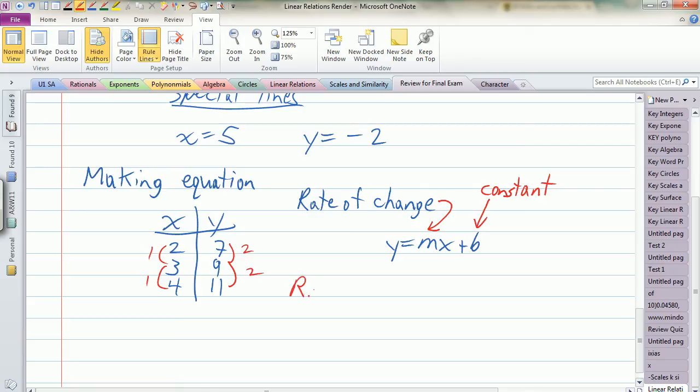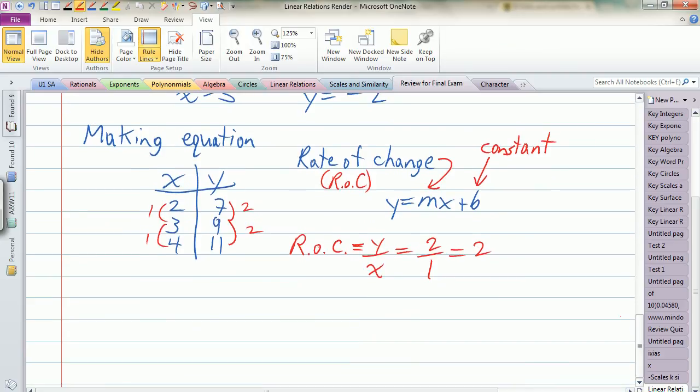So your rate of change equals your y over your x, which for us was a change of 2 for a change of 1, and then you can simplify that fraction to 2. So right now our equation would be y equals 2x plus some number, b, our constant.